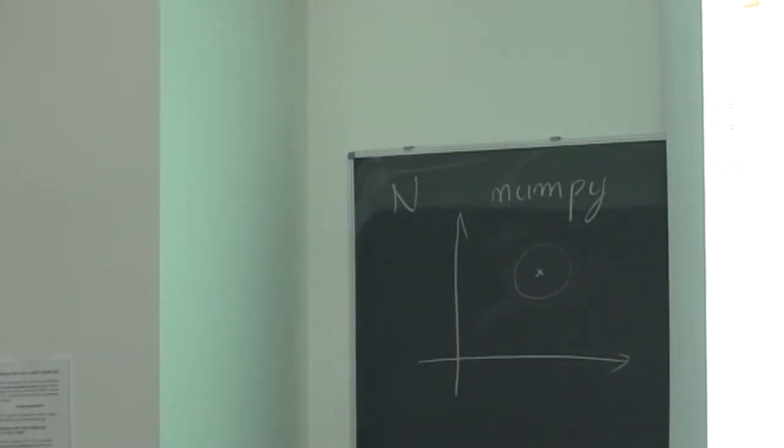So the idea is that we need to create a suitable mean position, and to do this we can create an array mean.